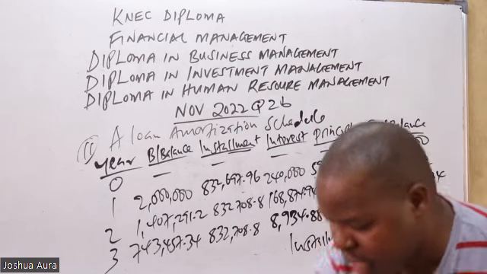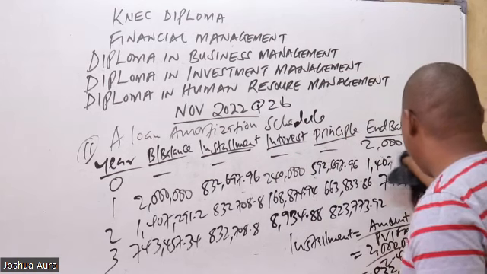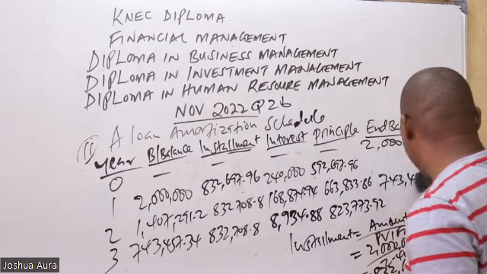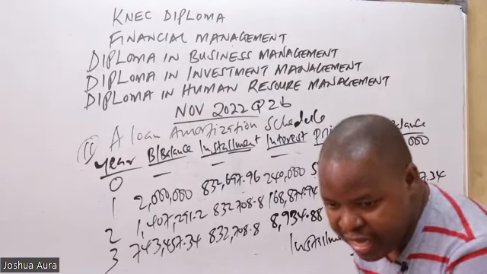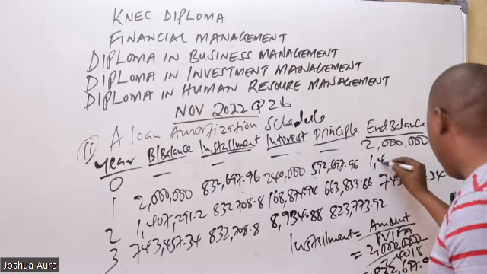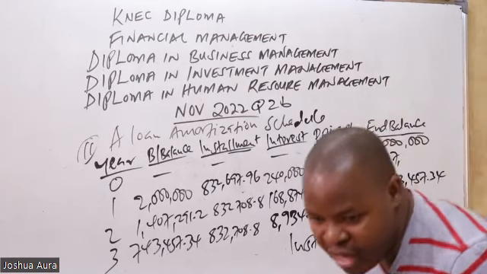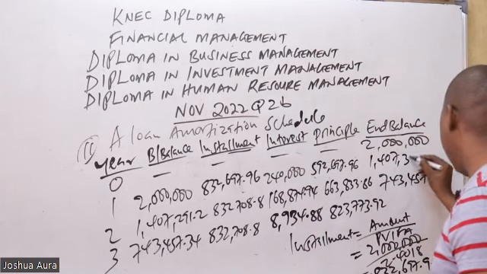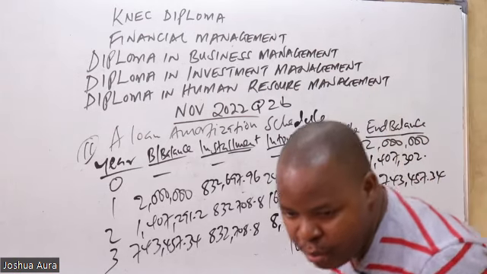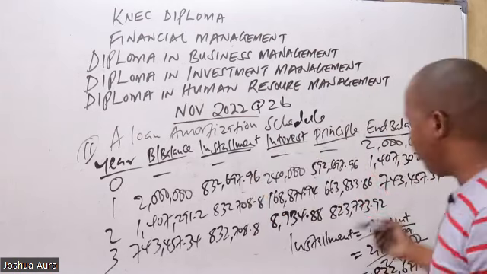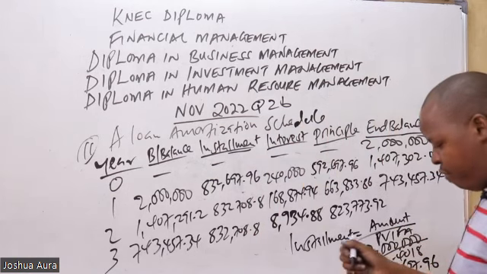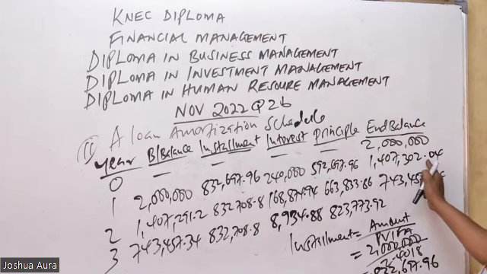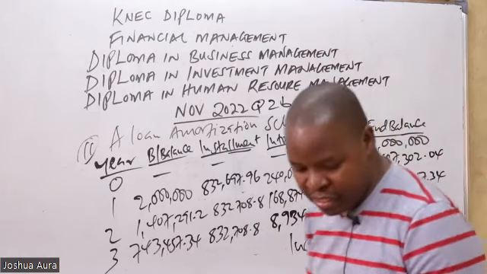Let us correct this figure and get 1,407,302.04. Now this ending balance for year one will be our beginning balance for year two.